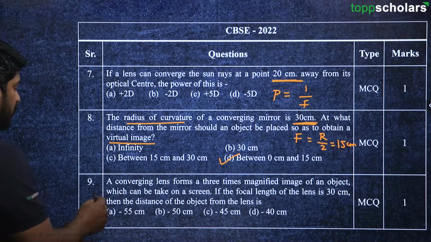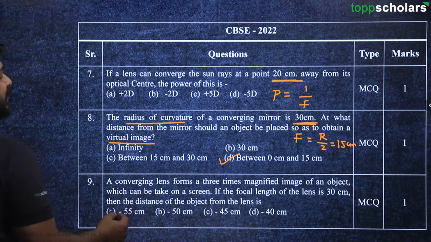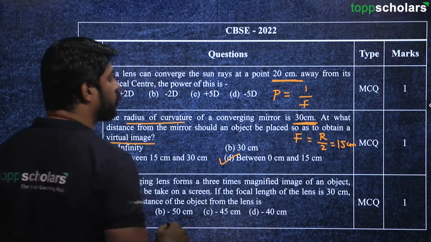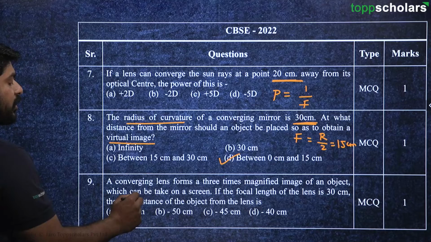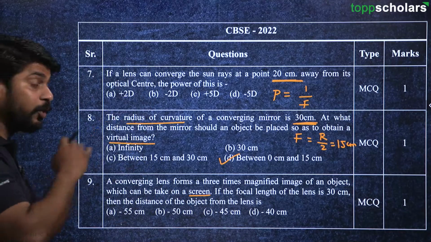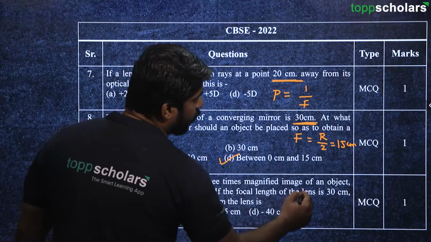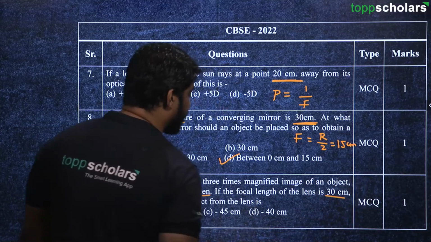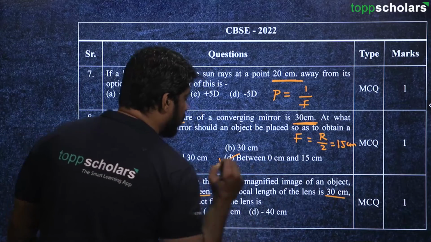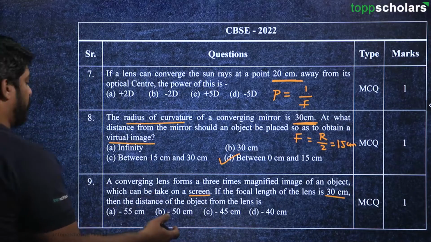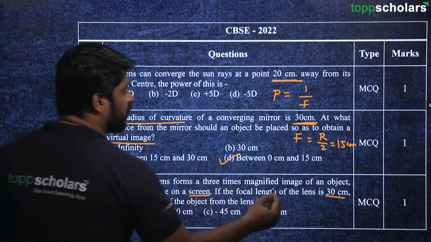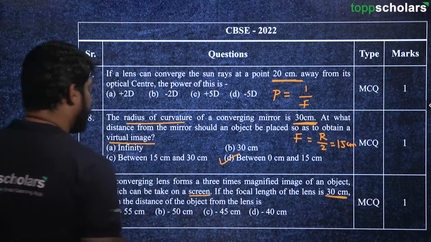And the next question is the ninth one. A converging lens forms a 3 times magnified image of an object which can be taken on the screen. So it's a magnified image and it is obtained on the screen also. If the focal length of the lens is 30 centimeter, then what is the distance of the object from the lens? Again, we can find this answer very easily, because the focal length is given.